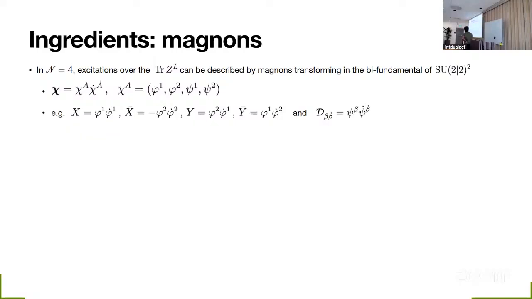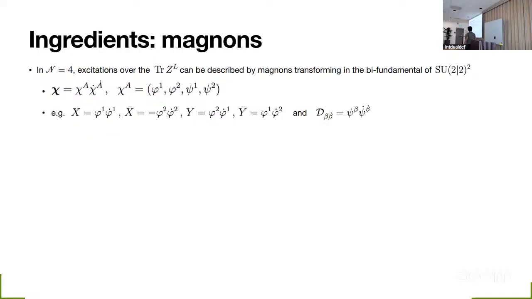So you see that the scalars of N equals 4 are written only with these phi's. You have the derivatives that are written only with the psi's, and you have still fermions that are written with the phi's and psi's.